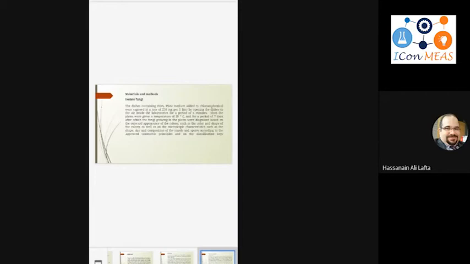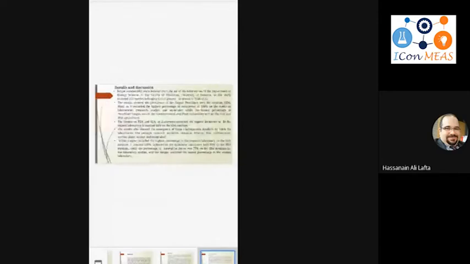Then the plates were incubated at a temperature of 25 Celsius for a period of 7 days, after which the fungi growing in the plates were diagnosed based on the outward appearance of the colony, such as the color and the shape of the colony, as well as on the microscopic characteristics such as the shape, size, and the composition of the hyphae and the spores according to the approved taxonomic principles on the classification keys.